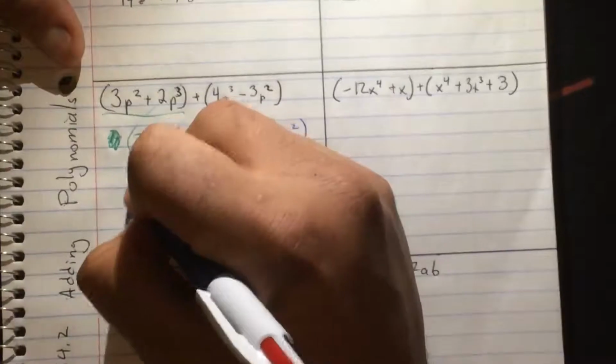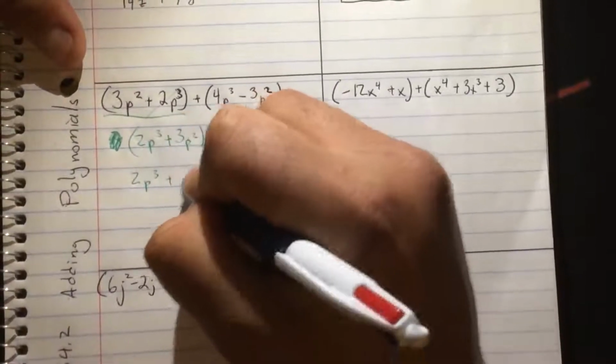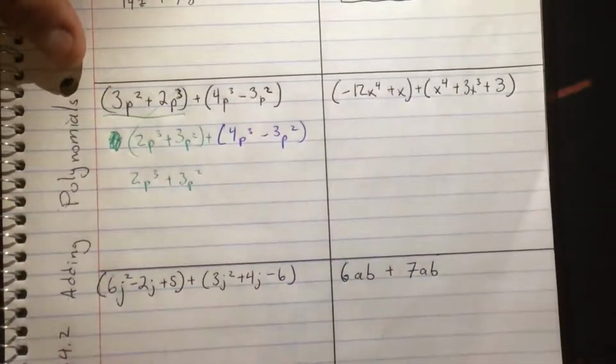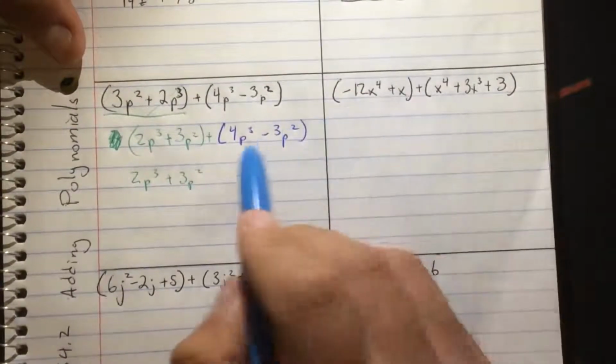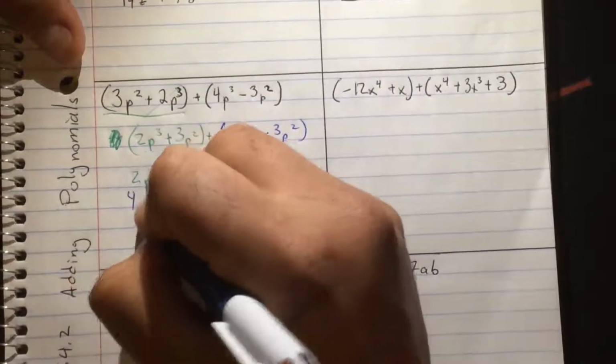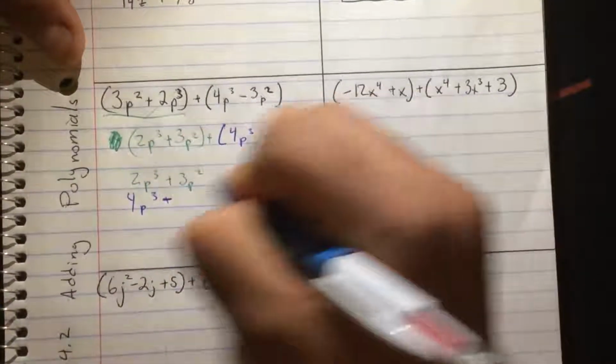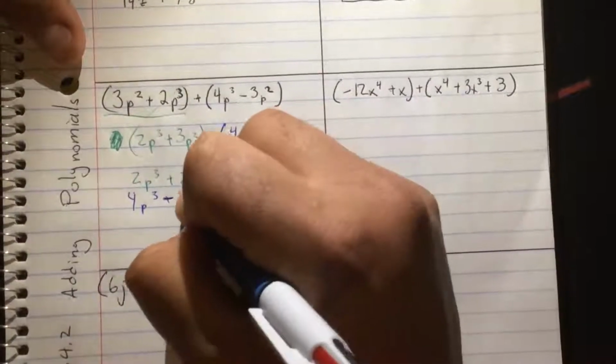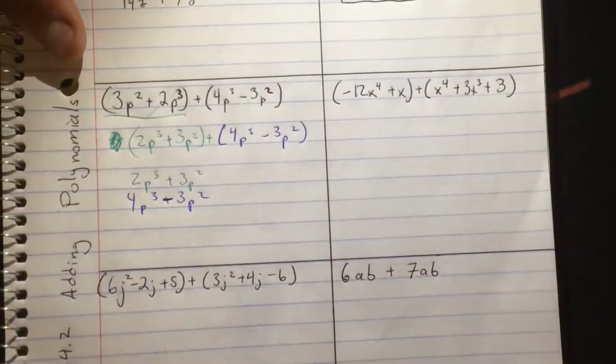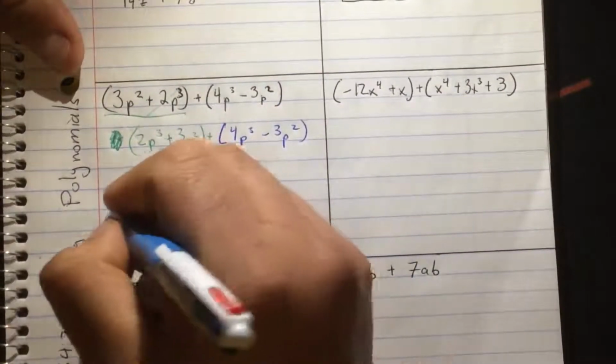All right, it's going to continue. So we have 2p cubed plus 3p squared. And let's change to our blue. We're going to write our 4p cubed minus our 3p squared. All right, change to our black.